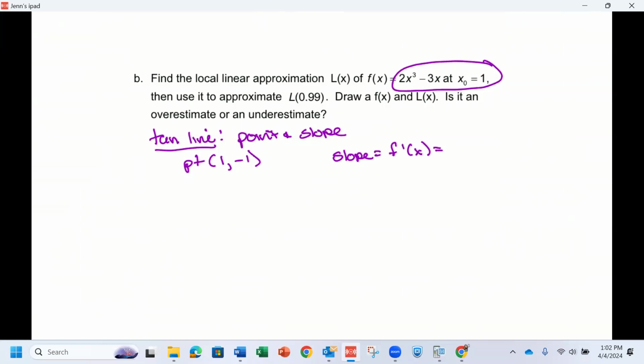Now we're back to derivatives. So when I take the derivative of 2x to the third, that's going to give me 6x squared. Derivative of 3x is minus 3. I want to find the value of the derivative at x equals 1. So I'm going to find f prime of 1. So 6 times 1 squared minus 3, that's just going to give me 3. So there's my slope.